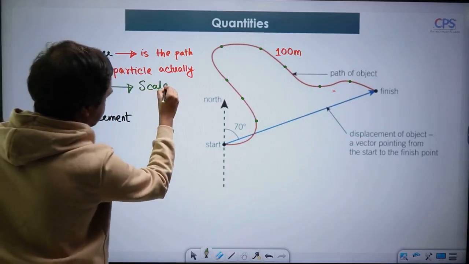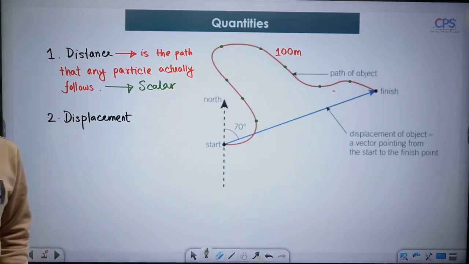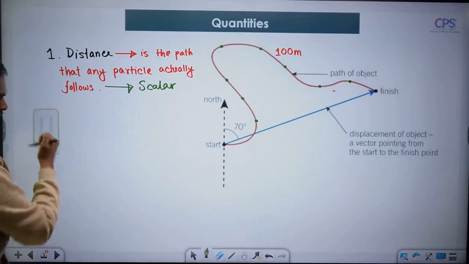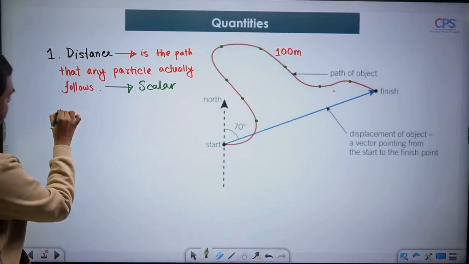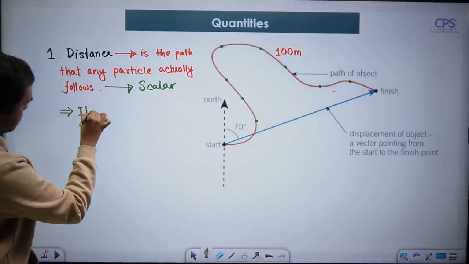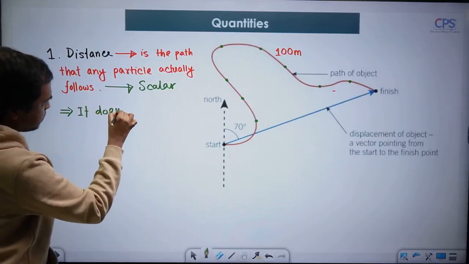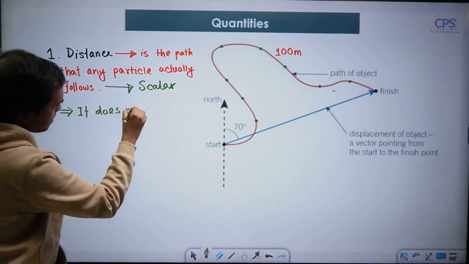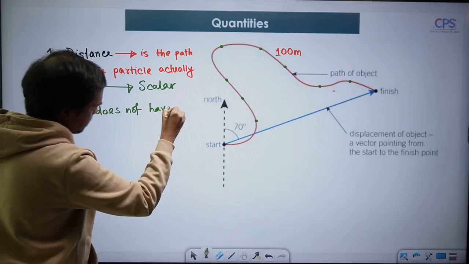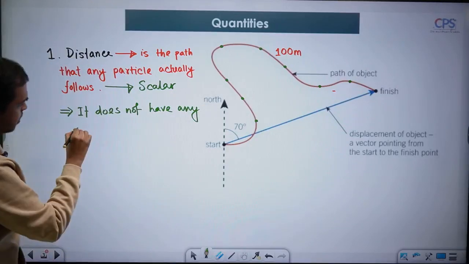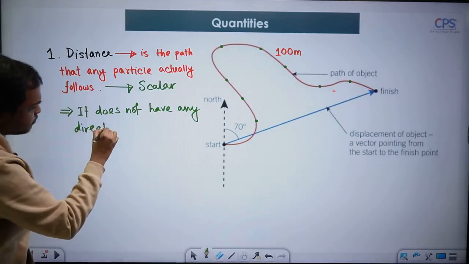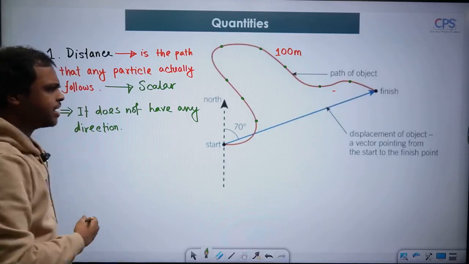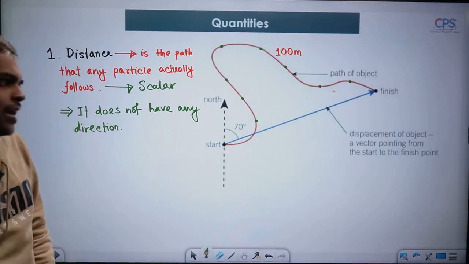It doesn't have any direction. So I'll just write it here: it does not have any direction.